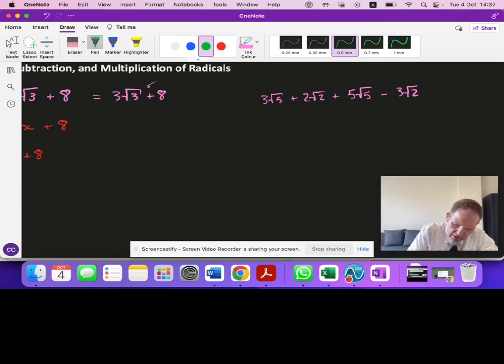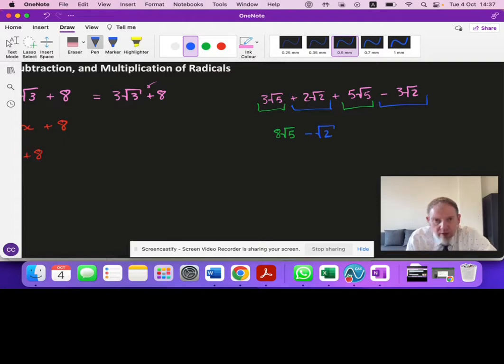So I can add together my 3 square roots of 5 and 5 square roots of 5, which is 8 square roots of 5. Similarly, I can combine my square roots of 2 terms, which would give me negative square root of 2. The reason it's negative is positive 2 square roots of 2, take away 3 square roots of 2, is negative 1 square root of 2, or negative square root of 2. I think that's doable, super manageable.